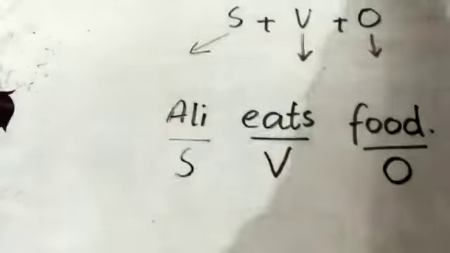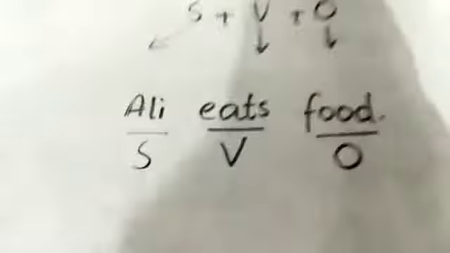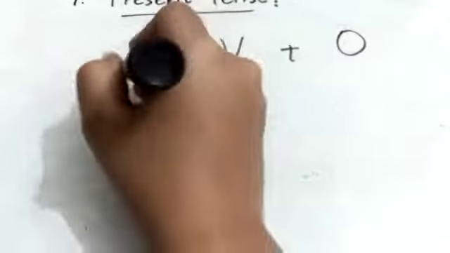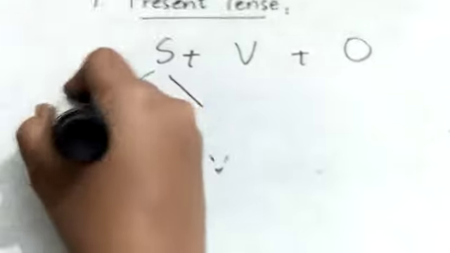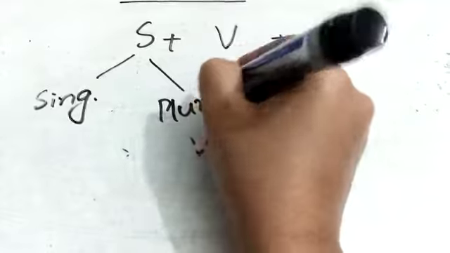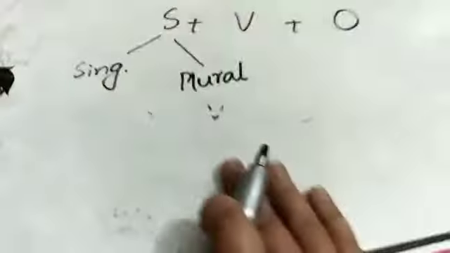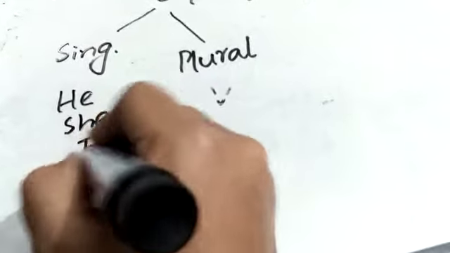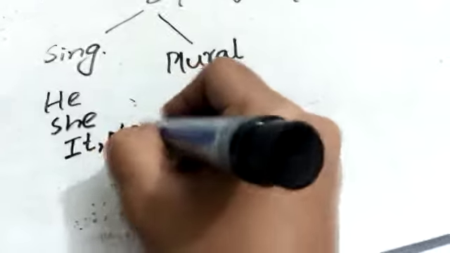Now what is the basic requirement for the simple present tense? For simple present tense, we have a sentence structure like subject, verb, and then your object. Now there are two types of subjects: singular subjects and plural subjects. The singular ones we all know very well: he, she, it, or any name like Ali, Aisha, Ahmad.